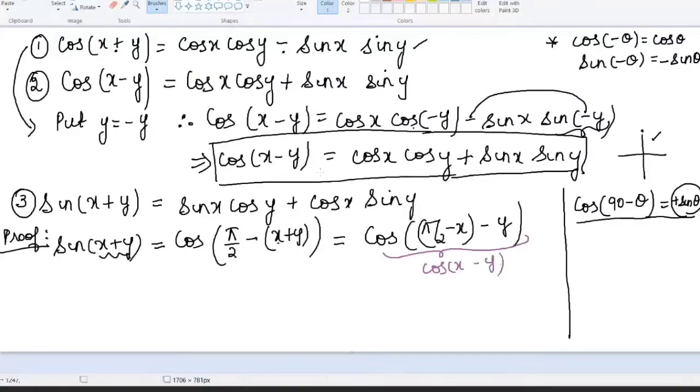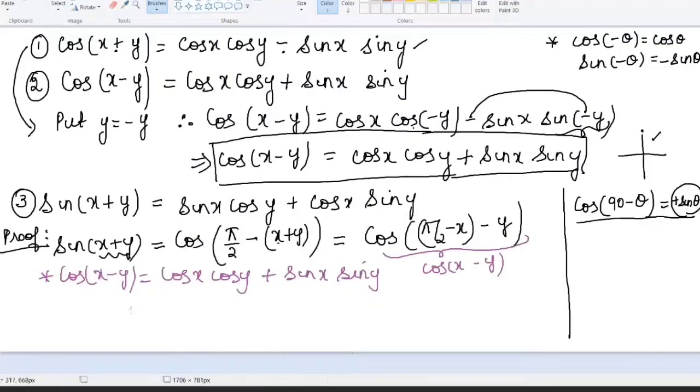And what is cos x minus y? I know the formula: cos x cos y plus sin x sin y. Let me write that formula for you. So the cos of x minus y formula is cos x cos y plus sin x sin y. Now I'm going to substitute. So therefore I'm getting the answer.